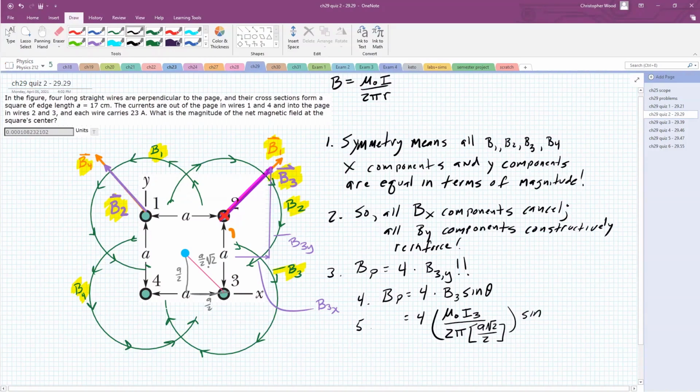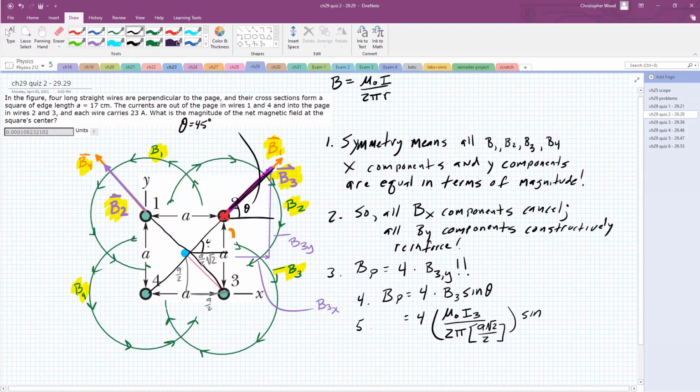And you can see if this is B3 right here, and I call this theta, if I remember correctly, theta equals 45 degrees, because we're just dealing with a square.